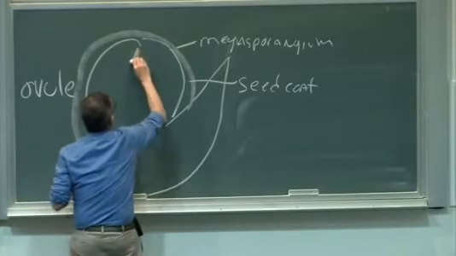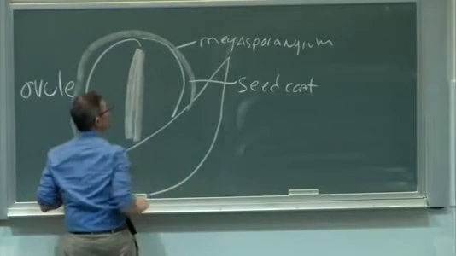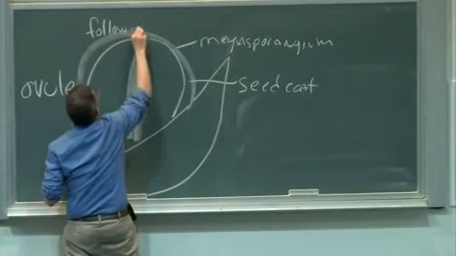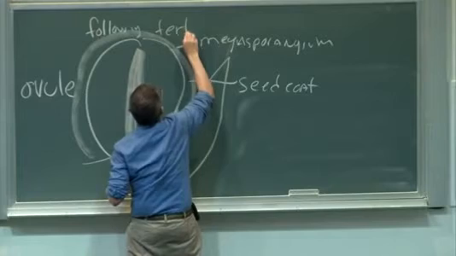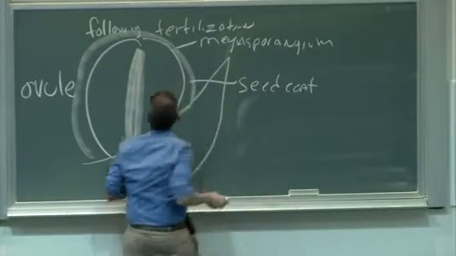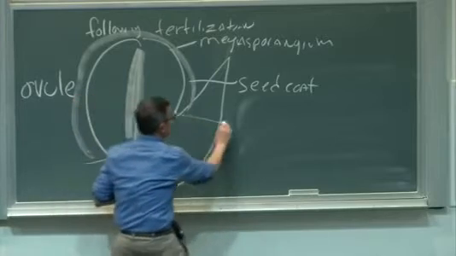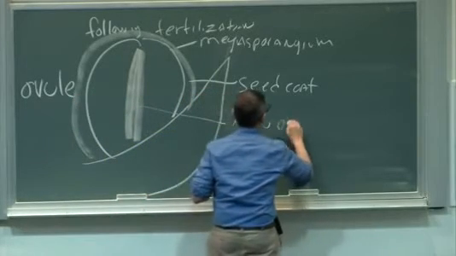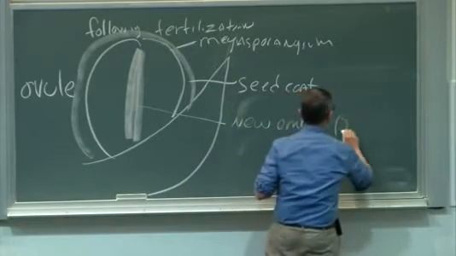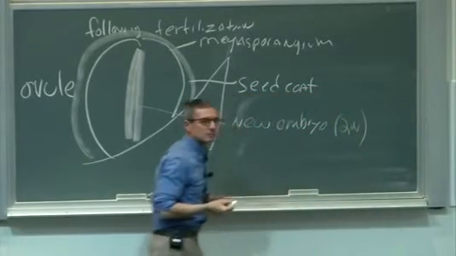What we find in the center of this following fertilization, we have the new embryo. The new embryo. This is the new sporophyte, the new 2N individual.